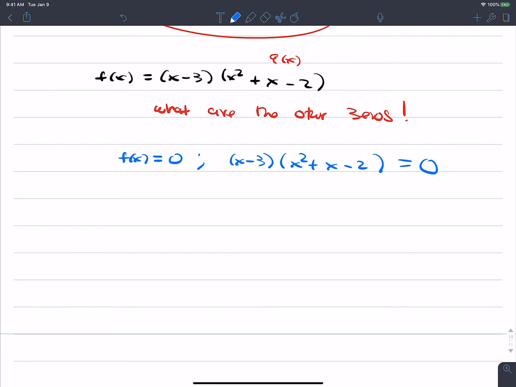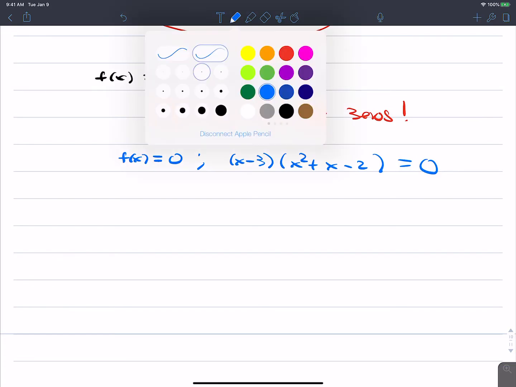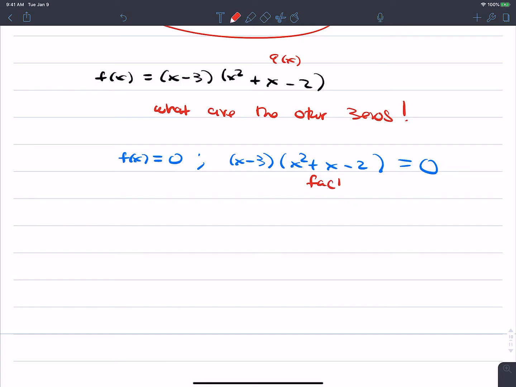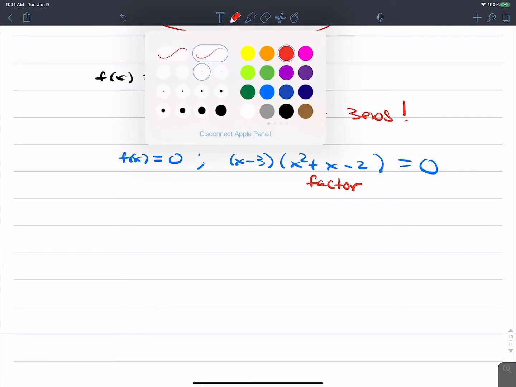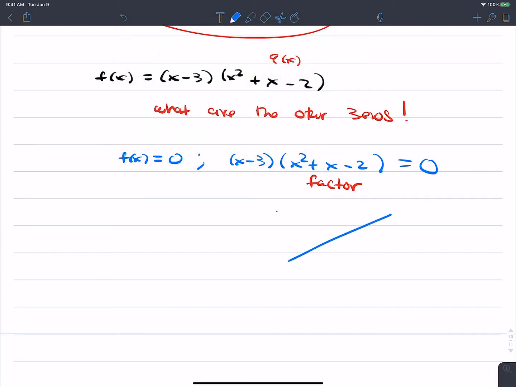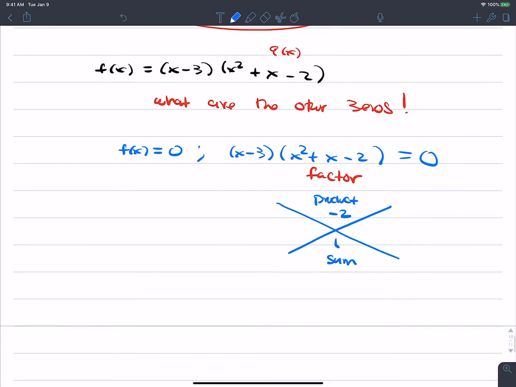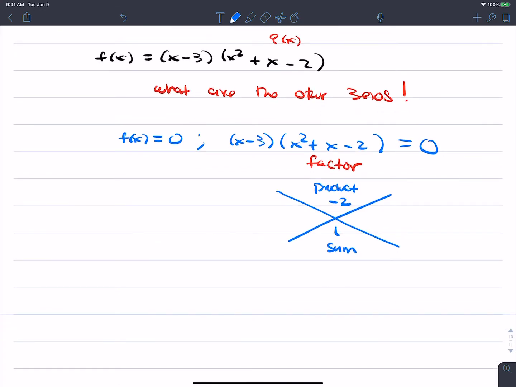And so what you want to now do here is factor the quotient function. This quotient function is factorable. So you want to factor this. And you could use your procedure for factoring here, if you guys remember. The product is -2, and your sum is +1. So you need two numbers multiplied together is -2, but when added is +1.